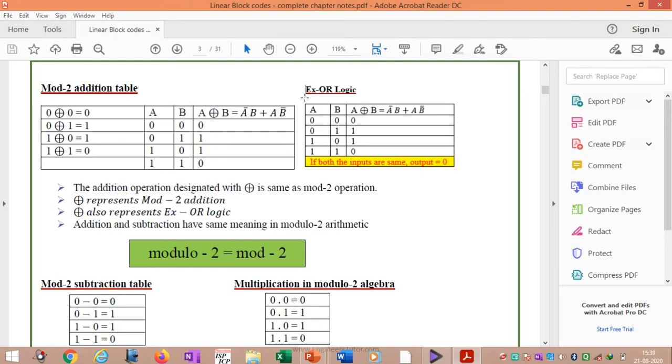Because in XOR, for an odd number of 1 inputs the output will be 1, and for an even number of 1 inputs the output will be 0. That is why the XOR function is also known as the odd function. Or you can also calculate from this: A exclusive-OR B is A bar B plus A B bar. So in this modulo 2 addition, 1 plus 1 becomes 0.